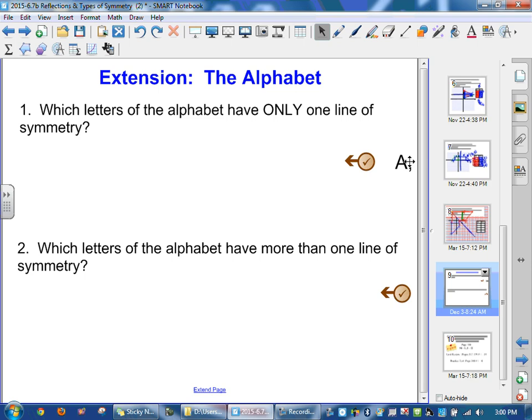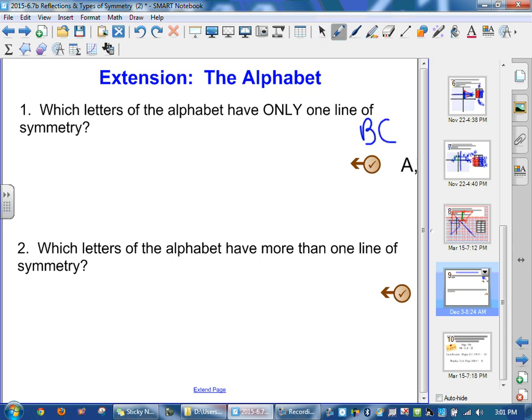Does B? B does. Did I put B in there? B should be in there. Oh, wait. We only want one line of symmetry. Yes, B has one line of symmetry. I forgot B. Okay? C. Yes. C has one line of symmetry. D does.